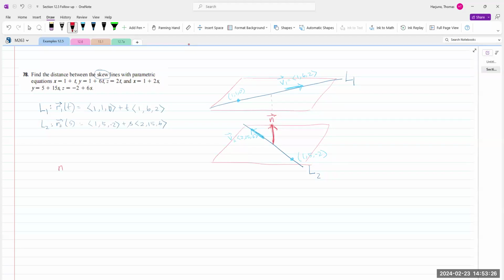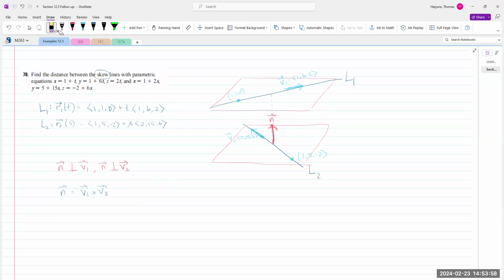Notice that vector n is normal to v1, also normal to v2. So let's make that vector n, the vector normal to both planes, the cross product of v1 and v2. That's i, j, k. You know what? I will do that computation later on.